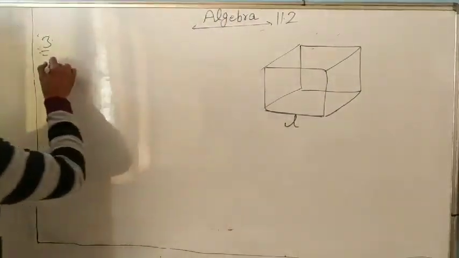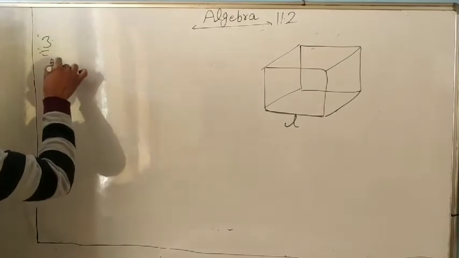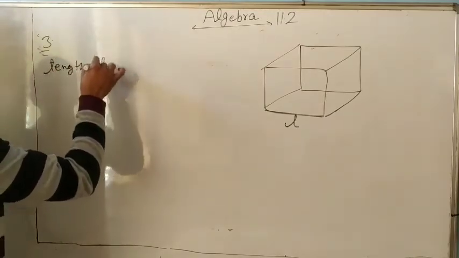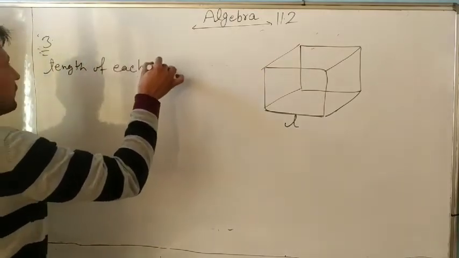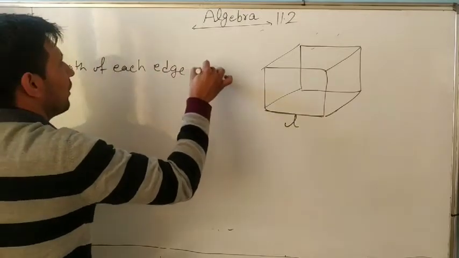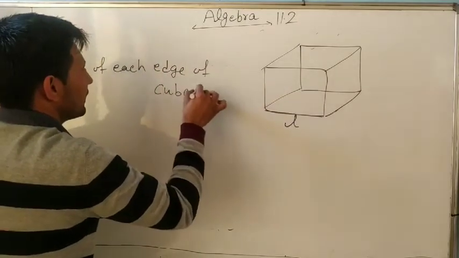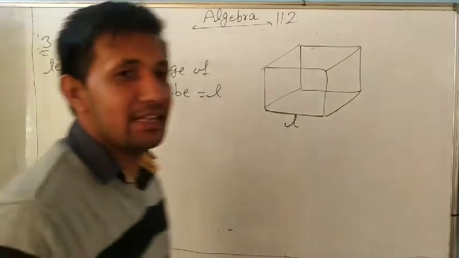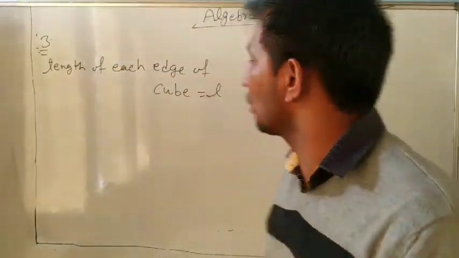So first write: length of each edge of the cube is L. We have to find the total length of all edges.